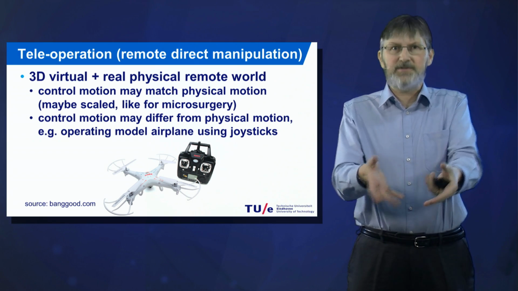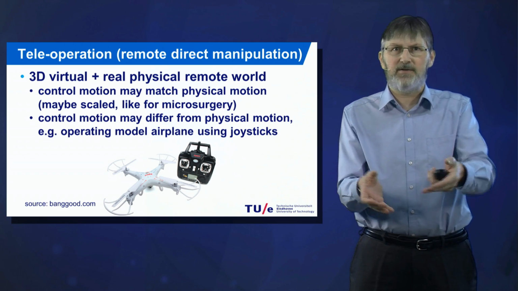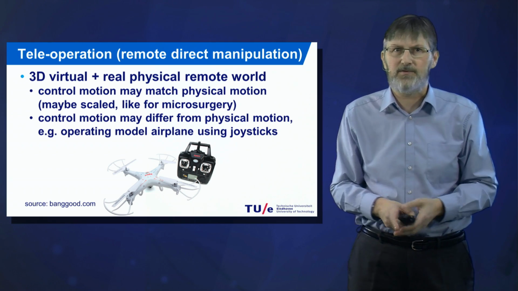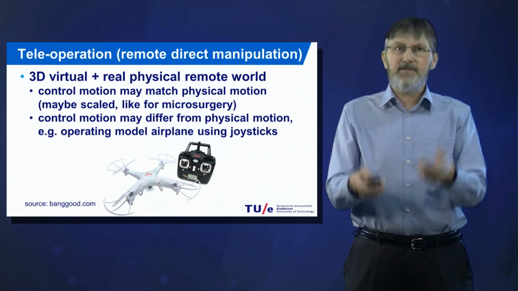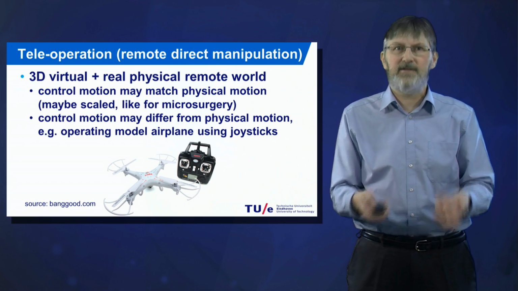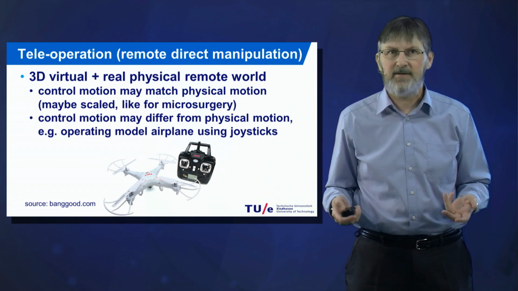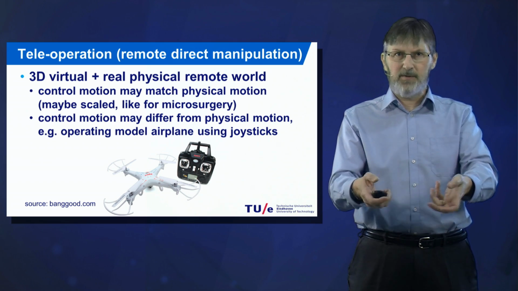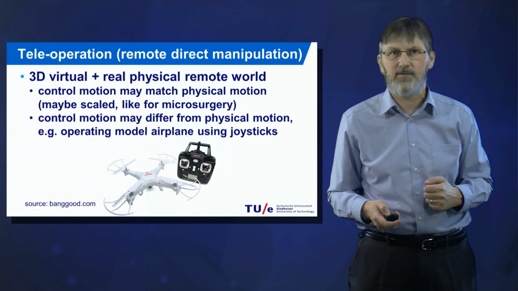You get some joysticks, and one joystick may control direction and the other joystick controls whether the quadcopter goes up or down. There is a steep learning curve, right, into flying such a quadcopter without having accidents, because your motion doesn't match the motion that you see of the quadcopter.